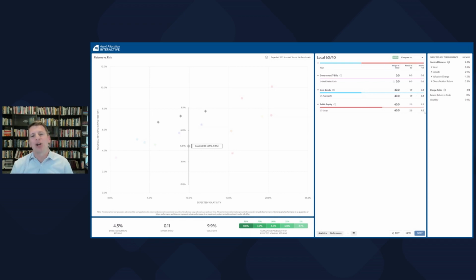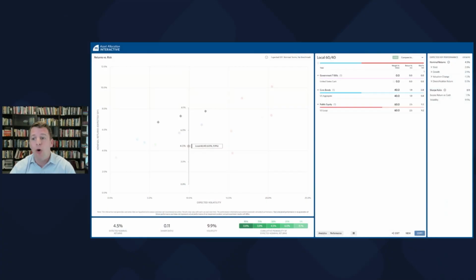The reason I want to start with US 60/40 and this risk decomposition tool is to highlight that while US equities are only 60% of the total allocation in a 60/40 portfolio, they represent more than 90% of the risk. The expected volatility of a US 60/40 portfolio is almost exactly 10%. 9.9% annualized vol is our forecast. 9.2 percentage points of that total are coming from equities alone.